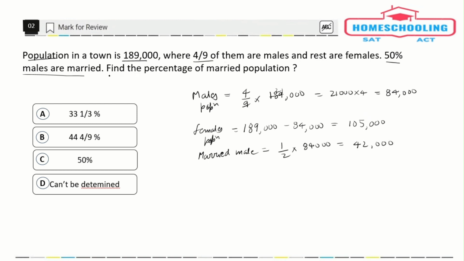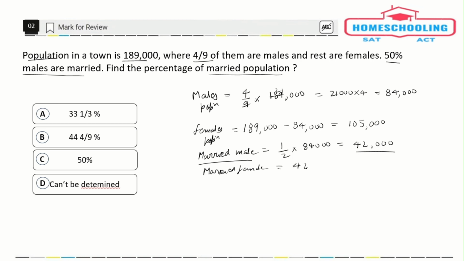So we have to find the percentage of the married population. One male will be married to one female, so if married males are 42,000, then married females would also be 42,000, because one man will get married to one woman.